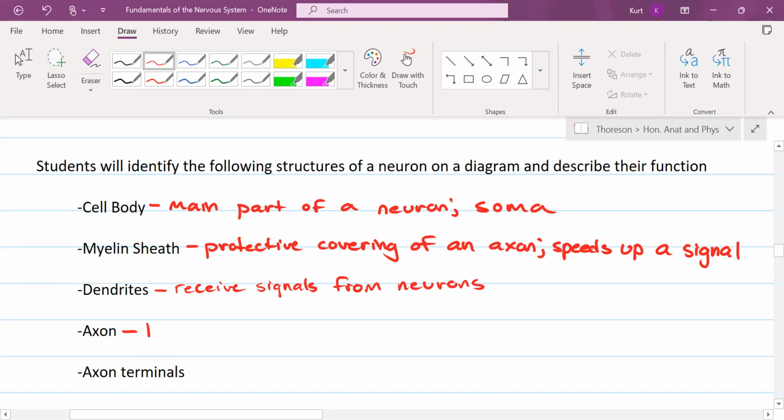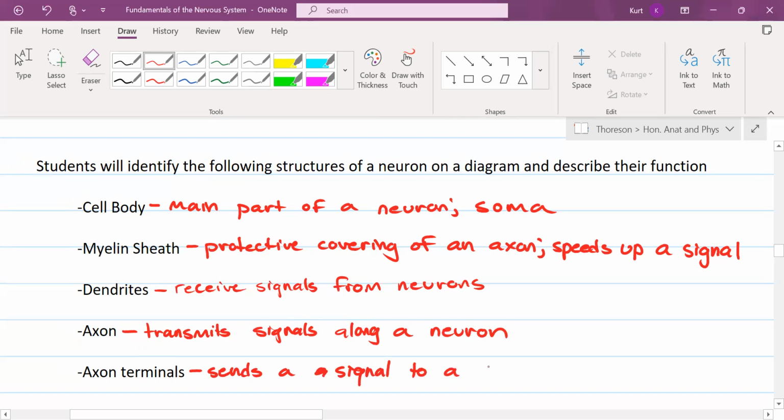Axon: transmits signals along a neuron. An axon terminal sends a signal to a target cell.